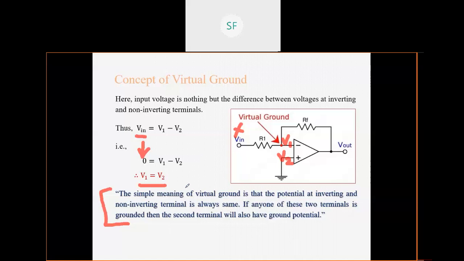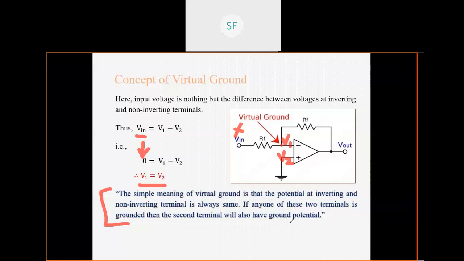Why did we get this condition? Due to its property of high gain. If any one of these two terminals is grounded, then the second terminal will also have ground potential.